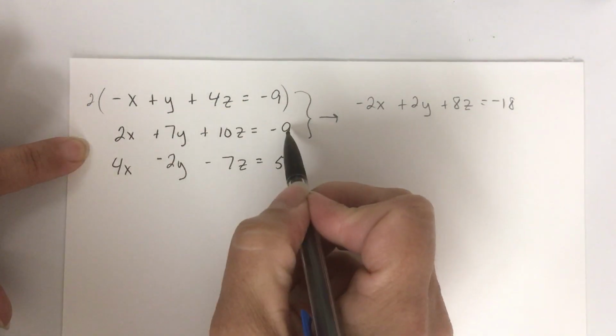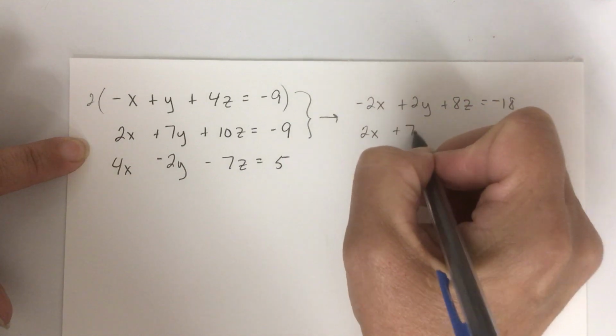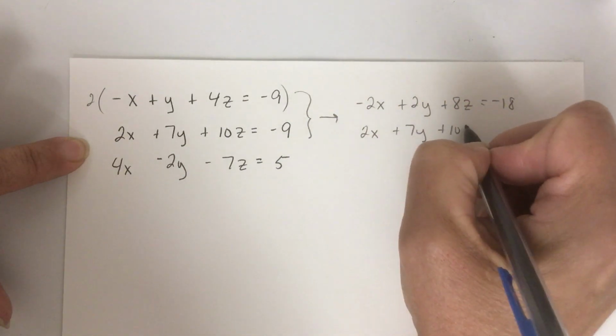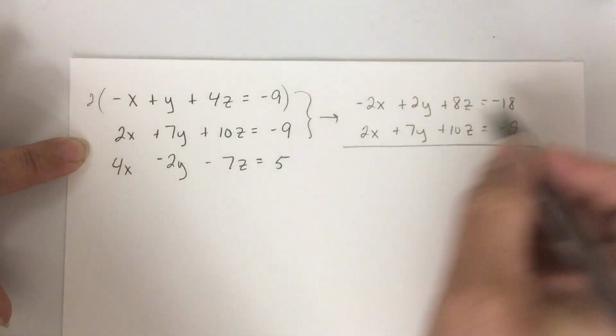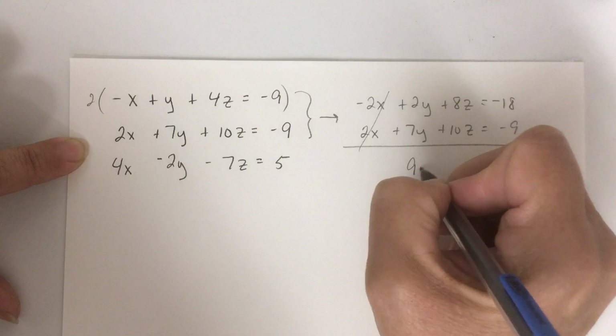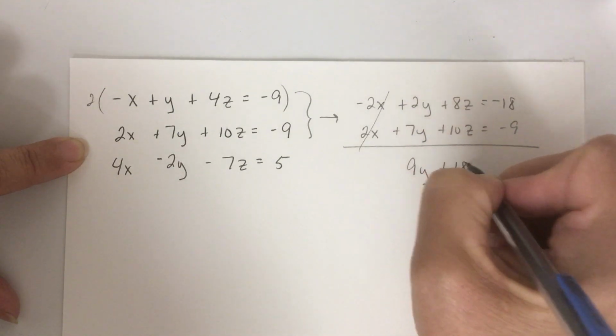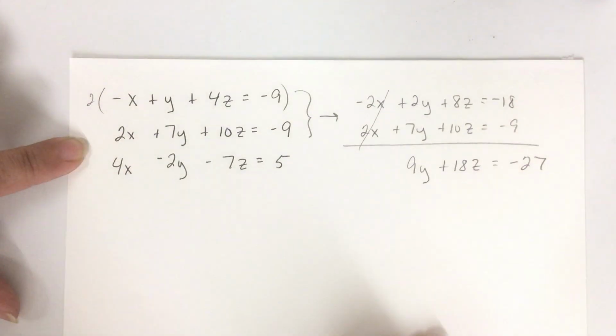This one is going to stay the same, and I'm going to copy it: 2x plus 7y plus 10z equals -9. I'm going to add those together, which gets rid of my x's. So now I have 9y plus 18z equals -27.